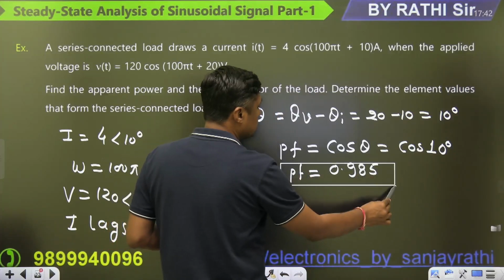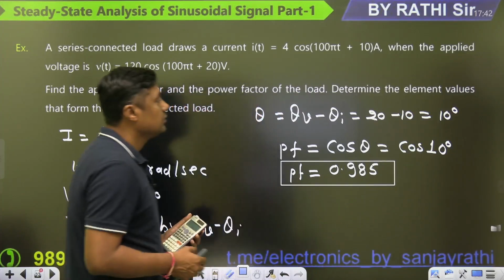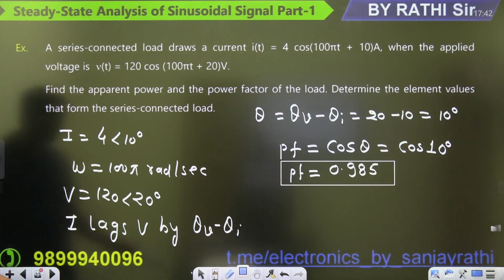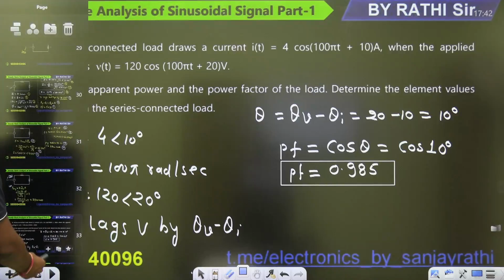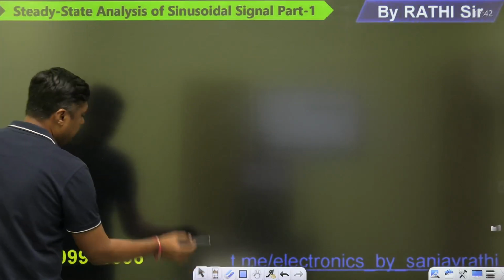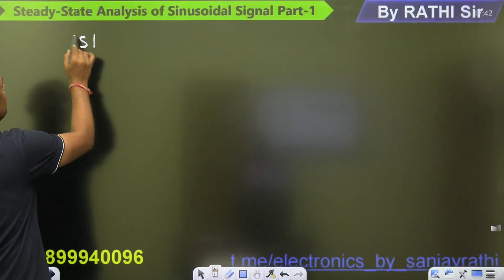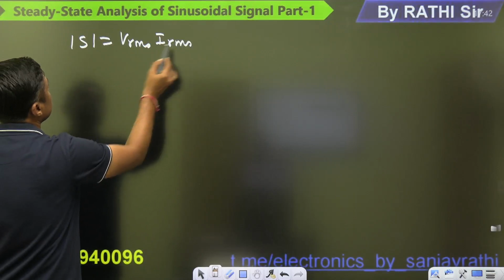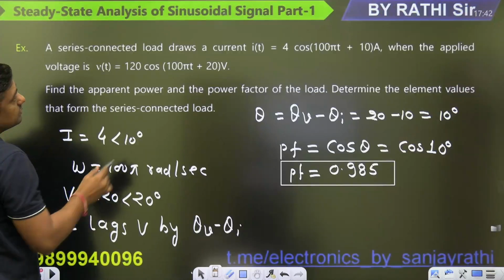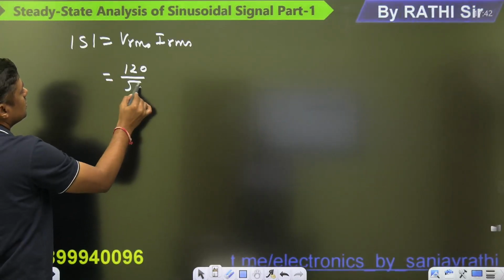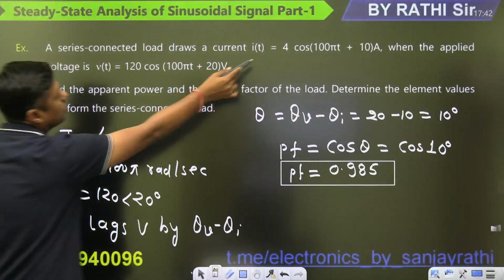1 mark question. What is the power factor here? Now it is an inductive circuit. What is asked? What is the apparent power? Apparent power is Vrms into Irms, the magnitude of S. So what is the Vrms here? 120 by root 2, into 4 by root 2.